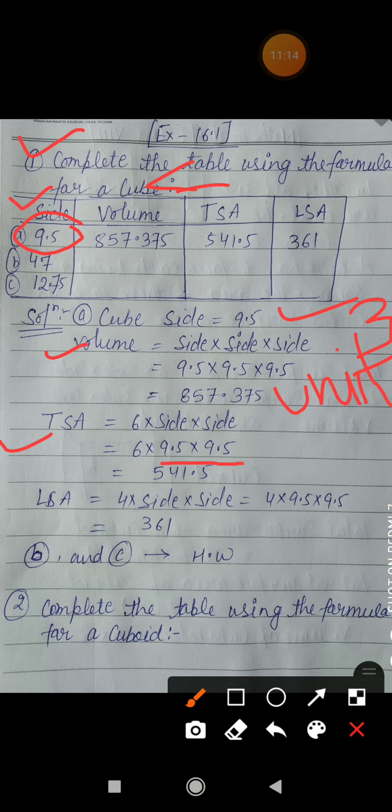Here the unit is missing, so you have to write the unit square. This is the unit of this.